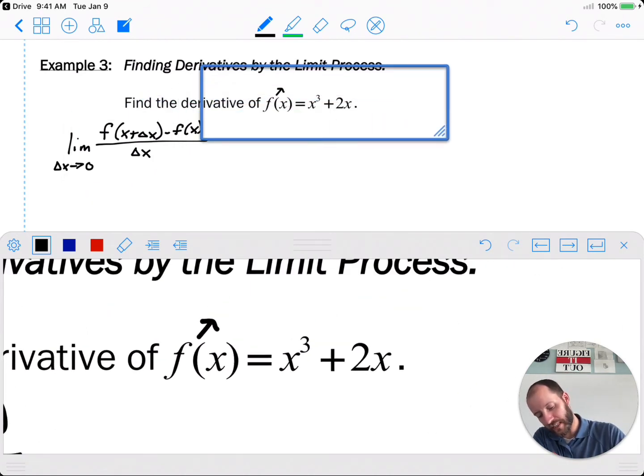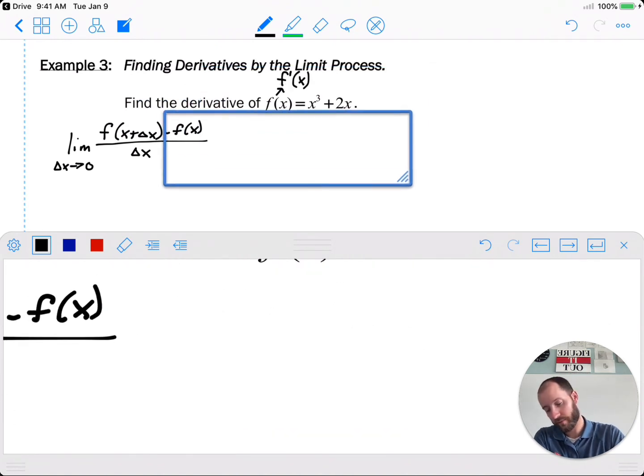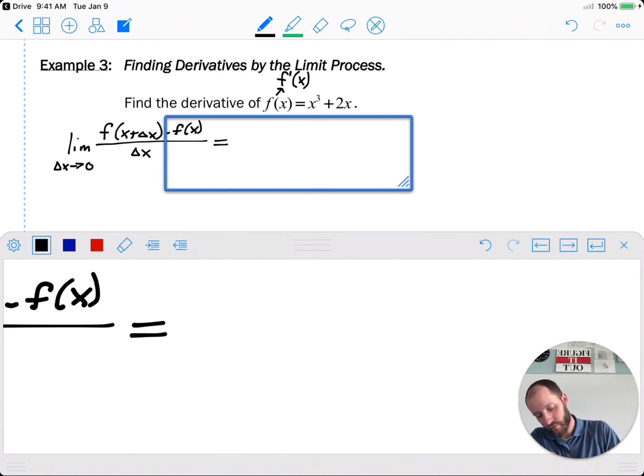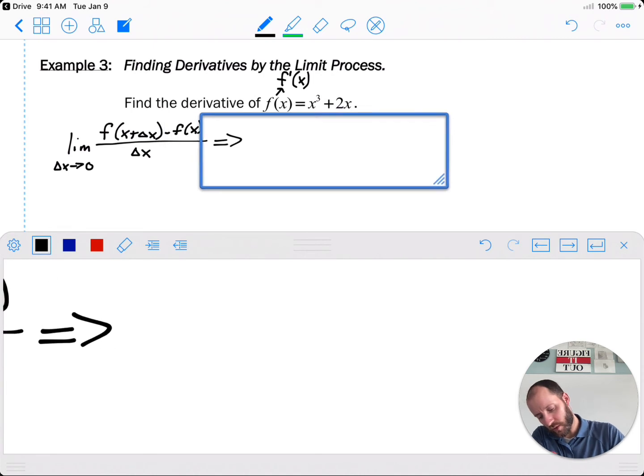So we're taking this f of x, we're finding f prime of x, okay? Here we go. So, the limit as delta x approaches 0.